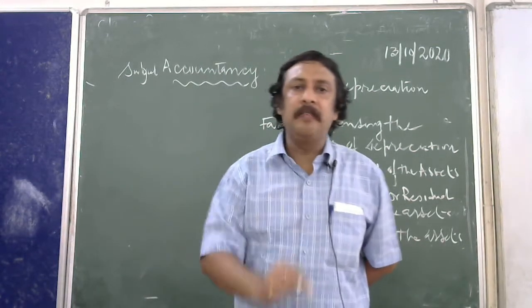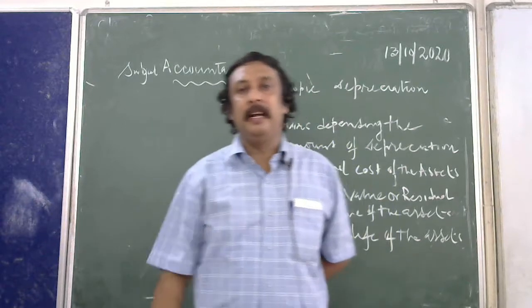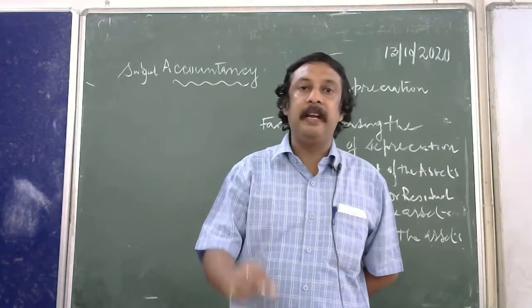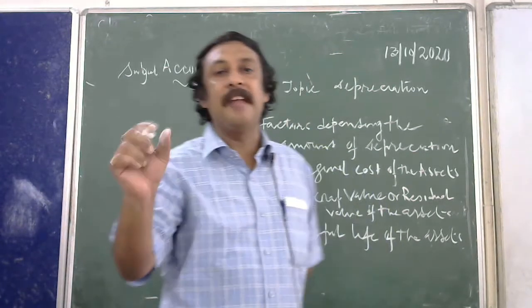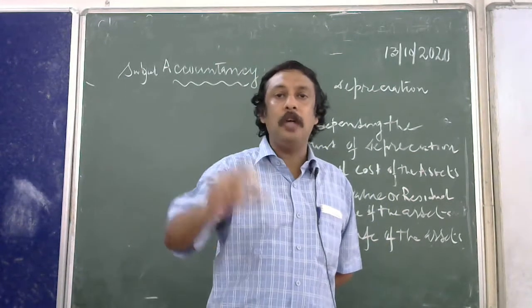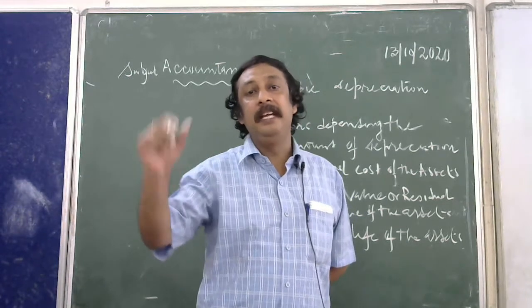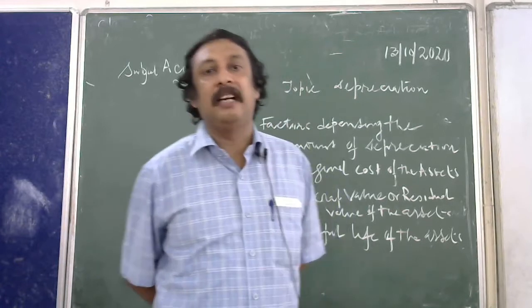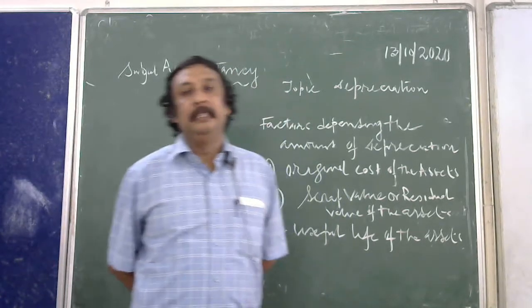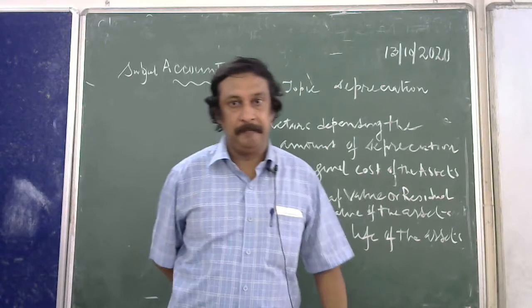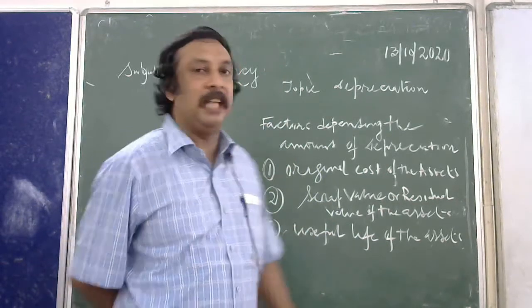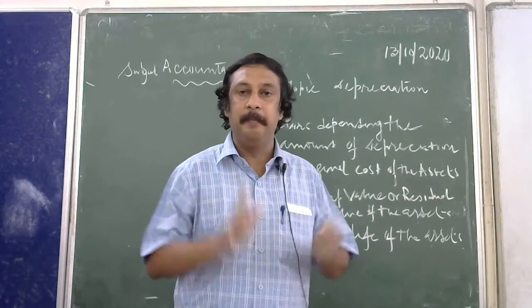So the amount of depreciation is also dependent on the useful life, how long the assets can be used. That estimated life is an important factor for determining the amount of depreciation. These are the factors on which the amount of depreciation depends.